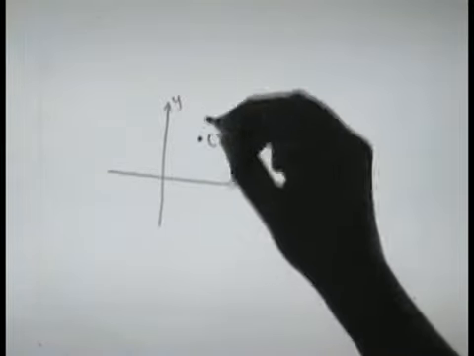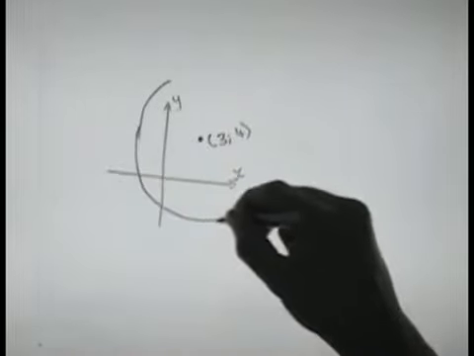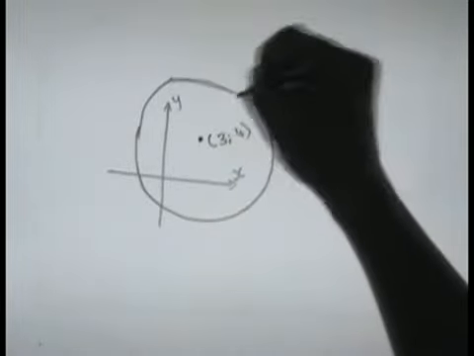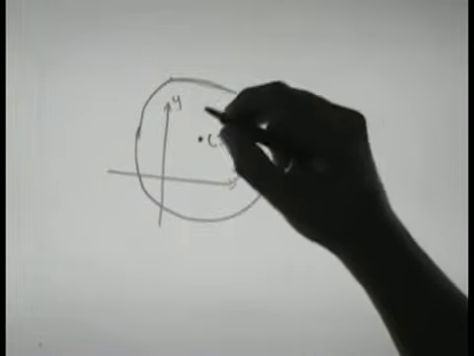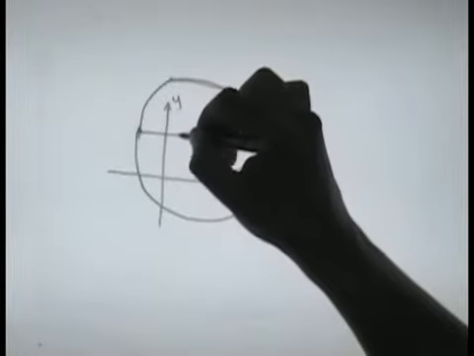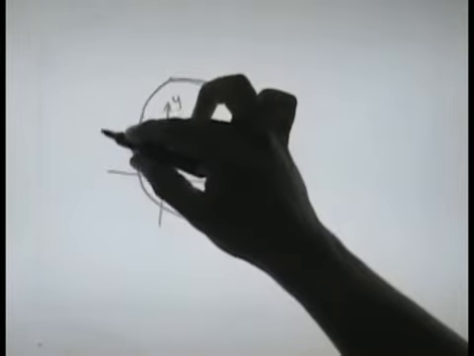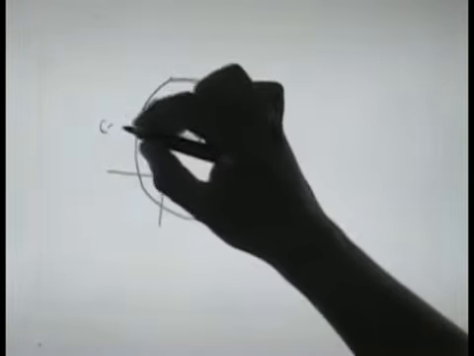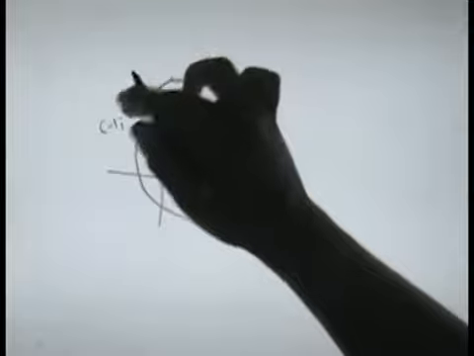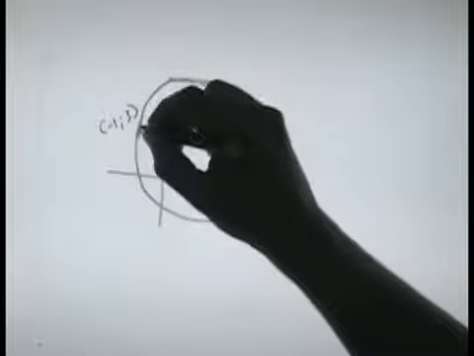This is going to be our new center, and let's sketch a circle that looks more or less like a circle. It's close enough. And I'm going to put another point over here. This point is going to be x is equal to -1 and y is equal to positive, let's go with positive 3.